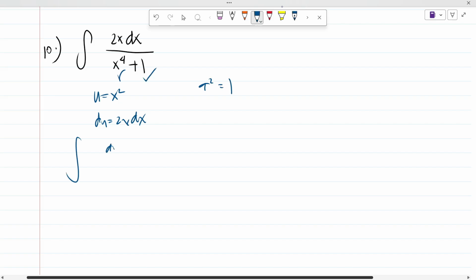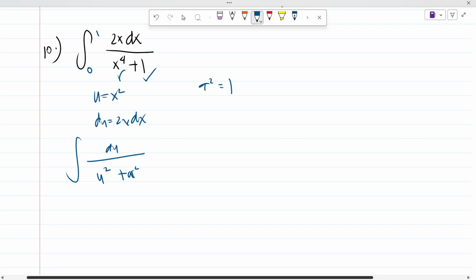So, substitute lang natin yan. U. Since squared lang siya, u squared plus a squared. So, gets guys? So, this will be a format of what? Arctan. So, with the limits of 0 to 1, guys.